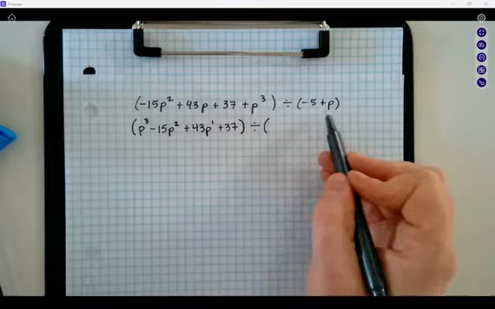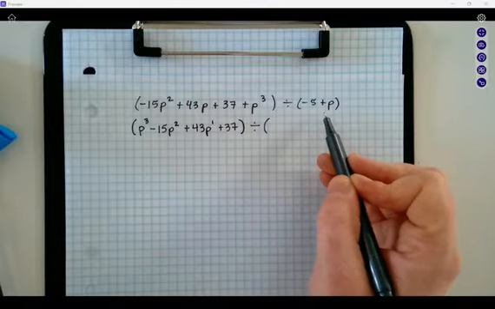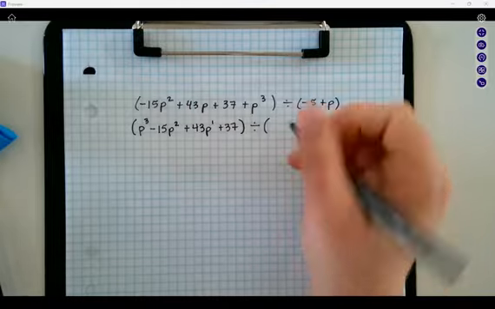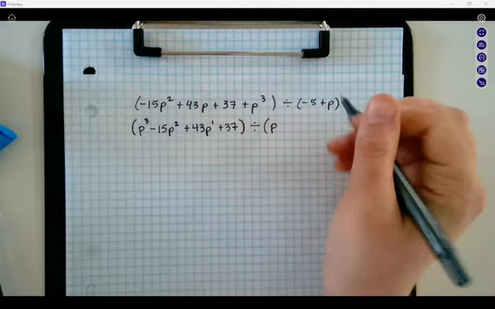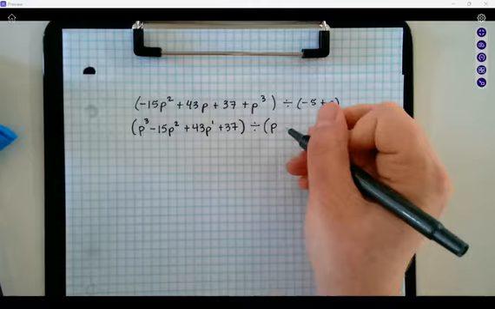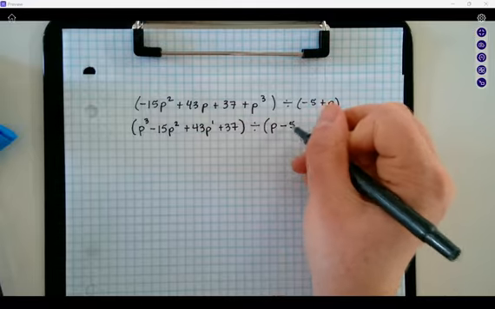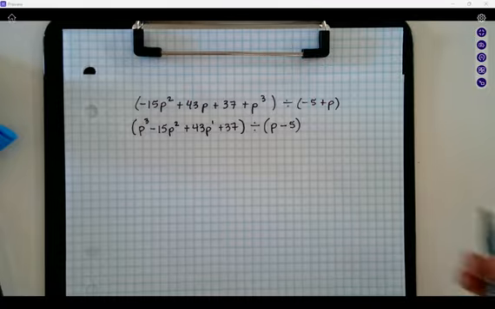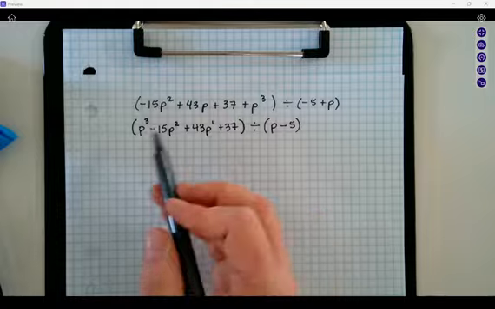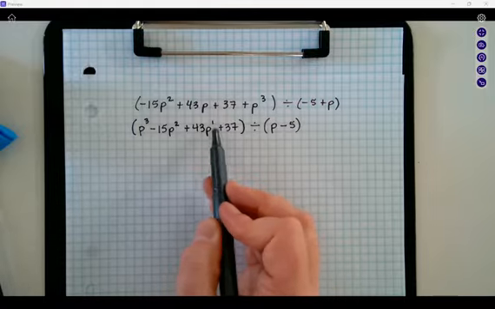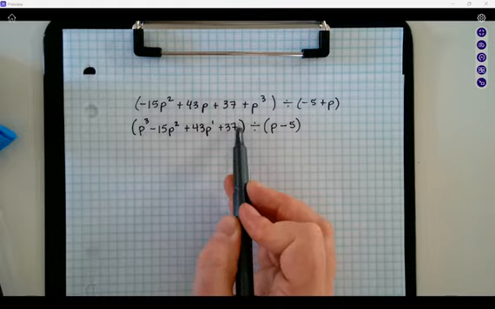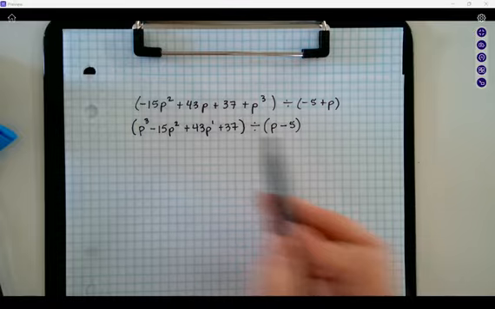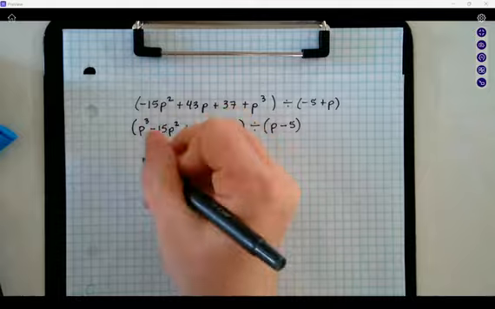And my divisor, it's also out of order. So I'm going to write the p first. So p. And then I could say plus negative 5 or just minus 5. I'm just going to write minus 5. I'm not missing any terms. I see that my degrees, I've got 3, 2, 1, and there is no degree here. It's 0. Technically, it's p to the 0th power. So I'm ready to go ahead and divide.